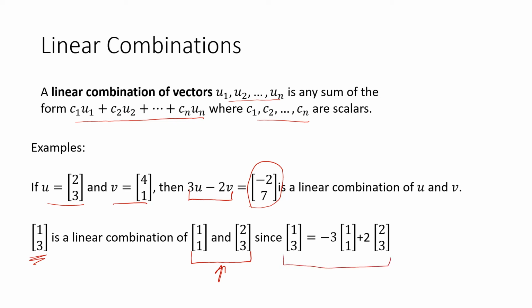And I give you the answer here. Negative 3 times the first vector plus 2 times the second vector gives us (1, 3). So (1, 3) is a linear combination of those vectors. I can get that (1, 3) by a linear combination of the vectors I start with. That's one of the big questions that we're going to be solving over and over in this class. Is something a linear combination of something else?